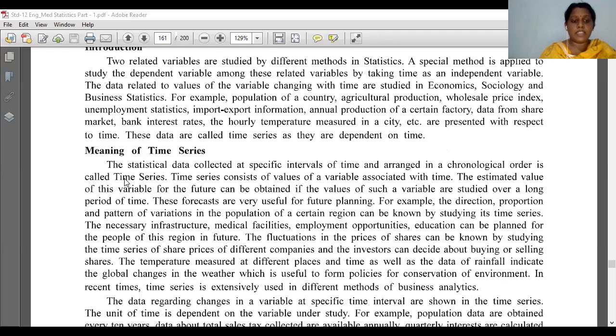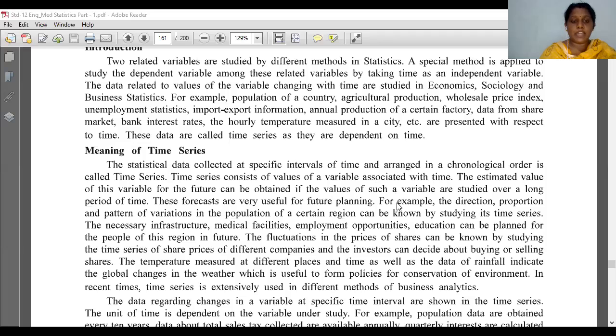Meaning of time series: the statistical data collected at specific intervals of time and arranged in chronological order. Chronological means either in ascending or in descending order. This is called a time series. A time series consists of values of a variable associated with time, values of variables x and y with the time.